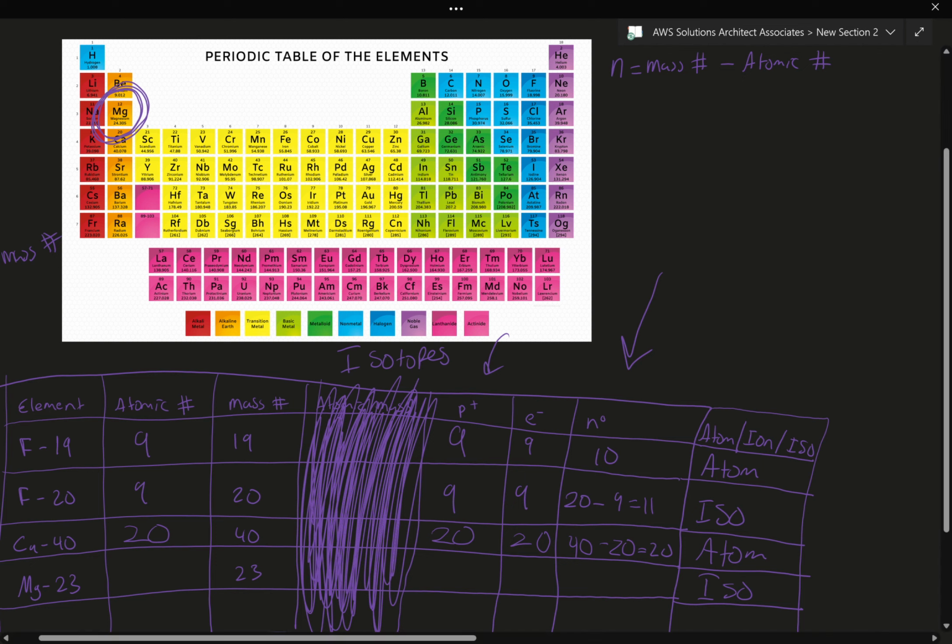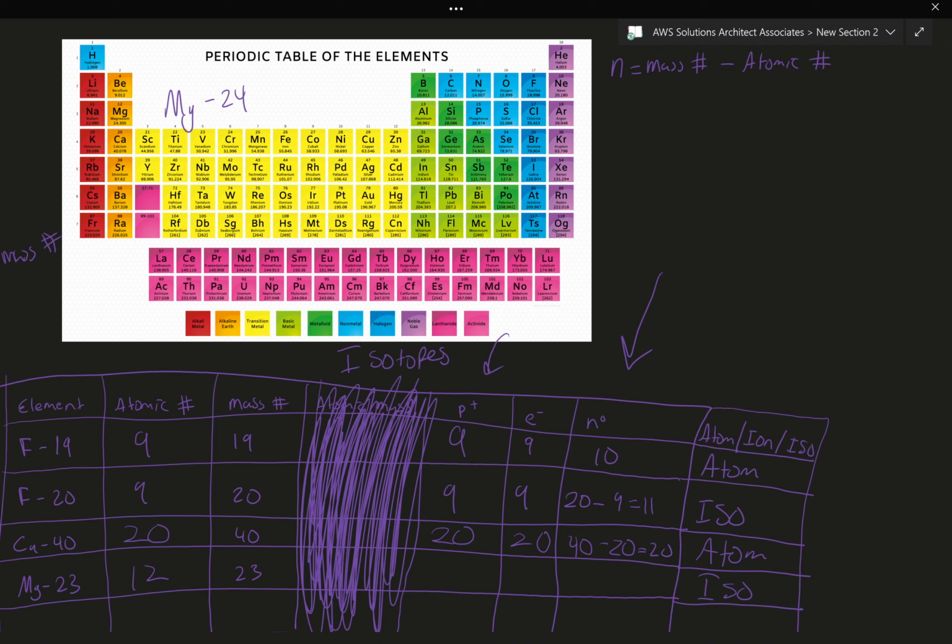All right, so let's fill out the remaining portion of the table. The atomic number of magnesium is 12. I shouldn't say magnesium, I need to say magnesium 23, because if I just say magnesium, what I'm actually referring to is magnesium 24. So I need to specify. The atomic number of magnesium 23 is 12. The mass number for magnesium 23 is 23.